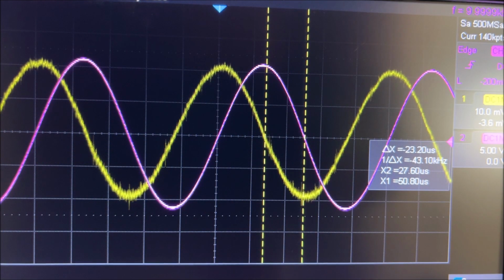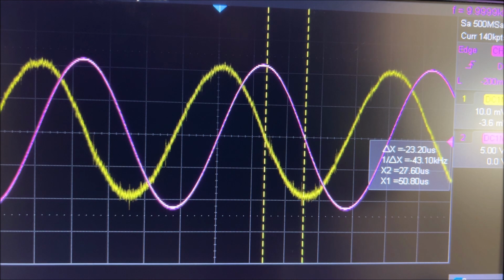All right, now we're integrating the sine wave. You can see it's the same phase shift. It's the 23 microseconds, and then we divide that by 1/10k and multiply by 360, and it comes out to a phase angle of 82, but it's minus.